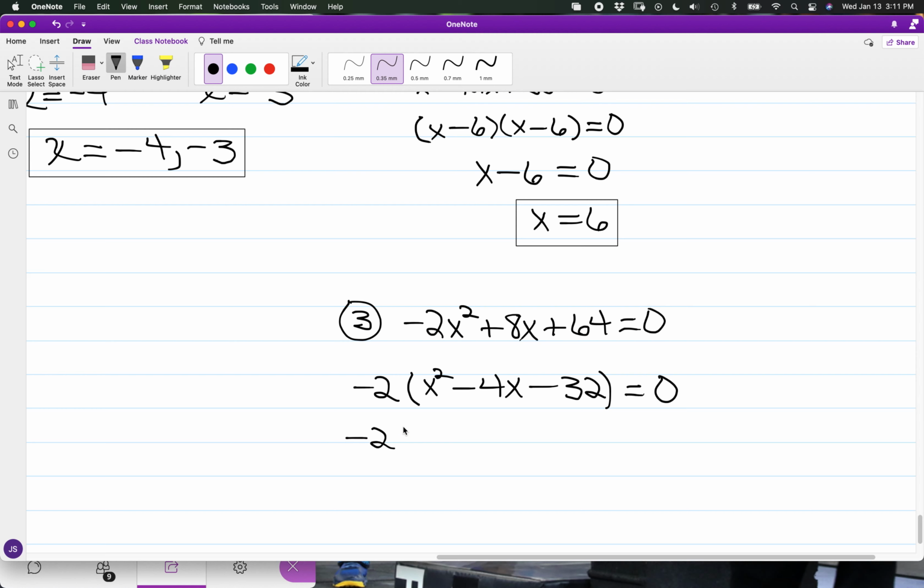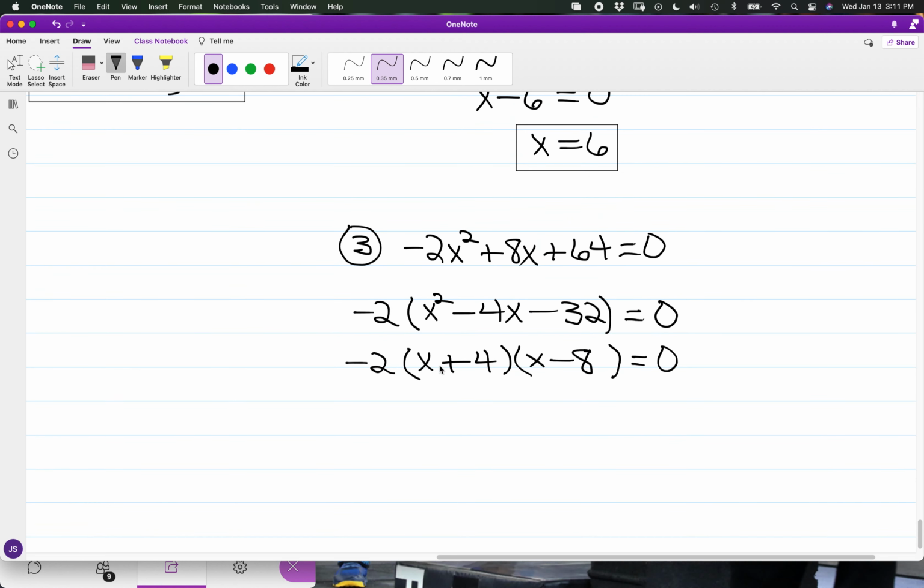So we have negative 2 times the trinomial. For x squared, we have x times x, and factors of negative 32 that add up to minus 4. More weight is going to be given to the subtraction than to the addition. So you have x plus 4 and x minus 8.